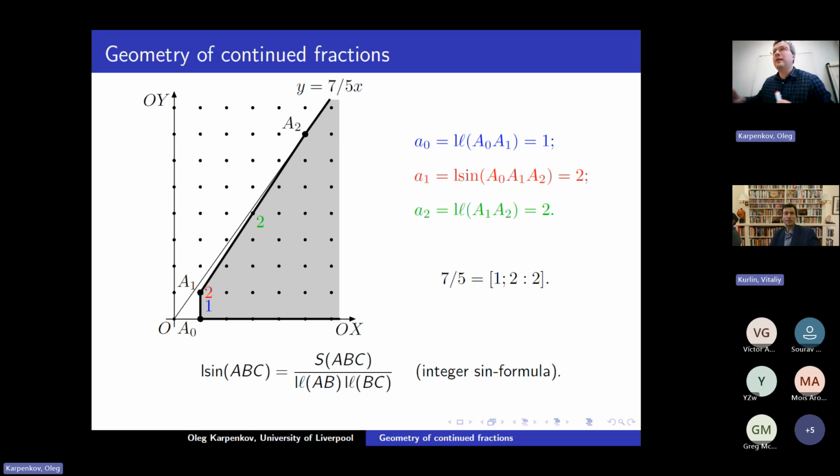Does anyone see me? Yes. So basically we have here 2 vectors, this way and that way. This vector is (0, -1) and this vector is (2, 3). You take the determinant, and you take the norm, and this is your integer sine.